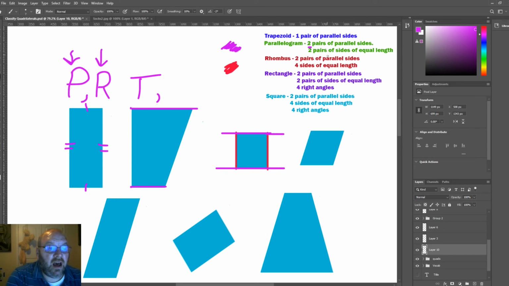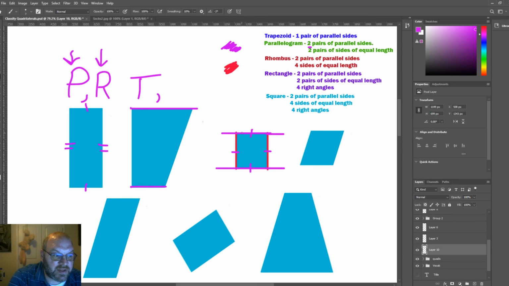Two pairs of sides of equal length. Now, a square, there, I ticked all of them. I made one for all of them. But does it have two pairs of sides of equal length? Yes, even though they're all the same, okay? We look at the pairs of sides. We look at the purple sides, which is our one pair, the dog sock sides, right?